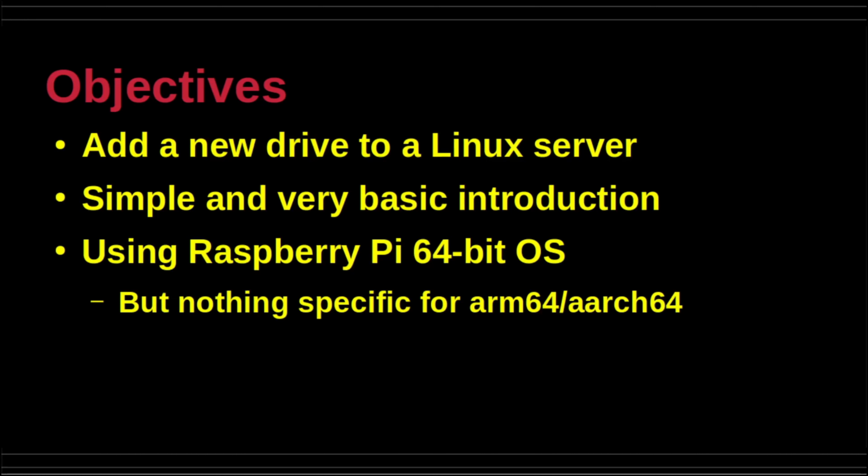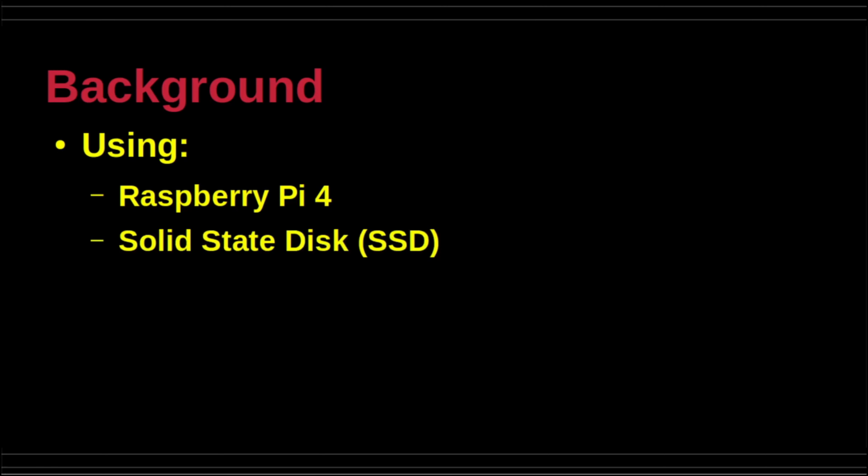The specific operating system for this tutorial is the version of Debian Bullseye for Raspberry Pi 64-bit operating system. A single board microcomputer, Raspberry Pi 4, serves as the example for the exercise.